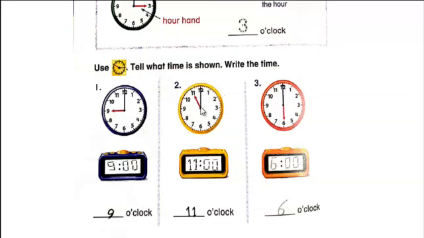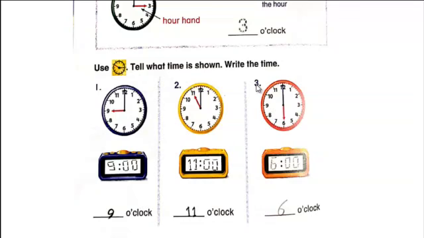And the long hand or minute hand points to 12. 12 means o'clock, so on the right side you will write 00. Okay, and here 11 o'clock.